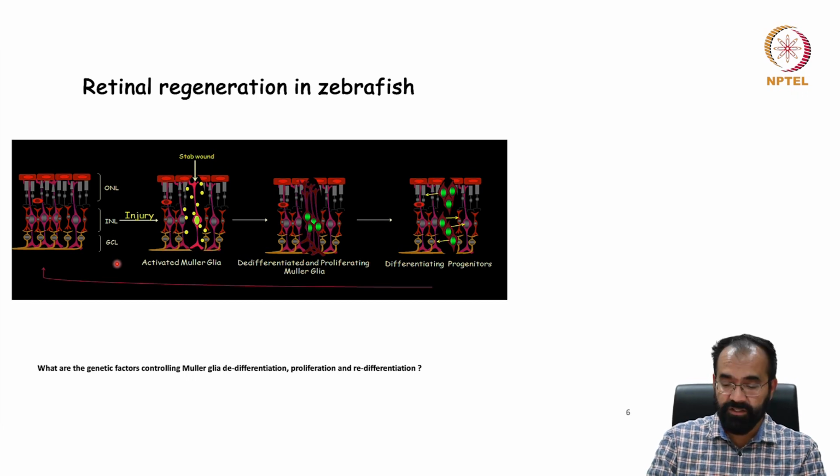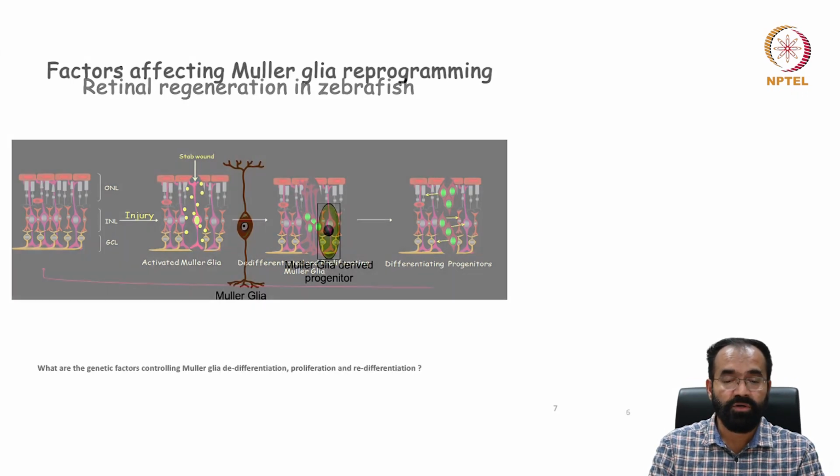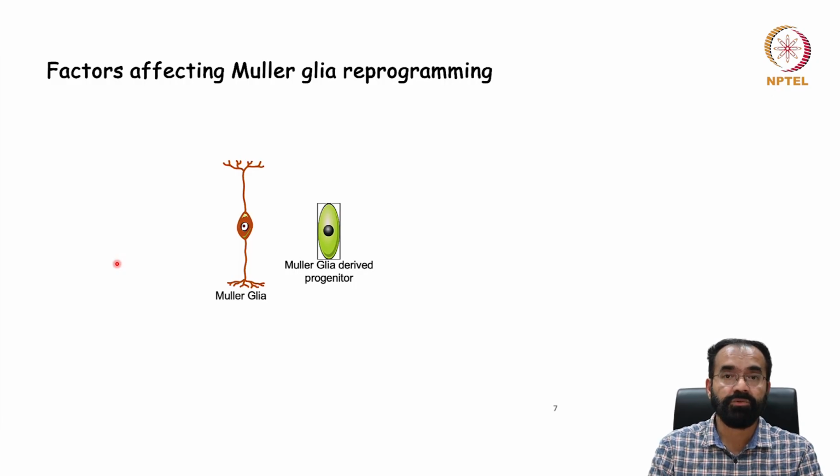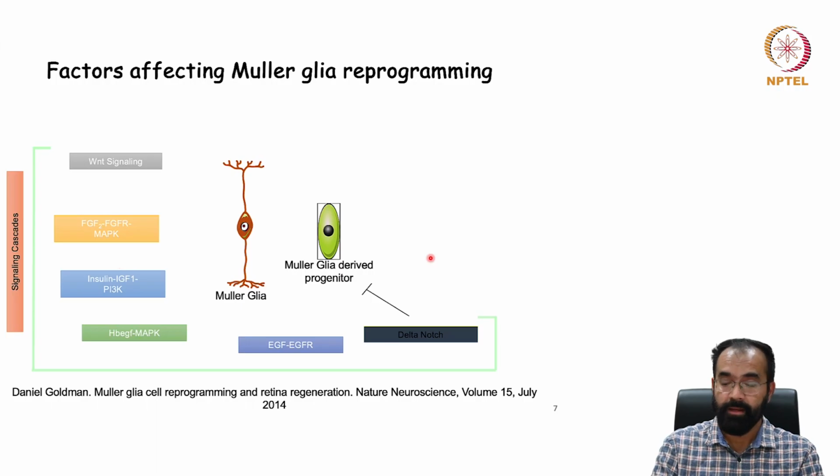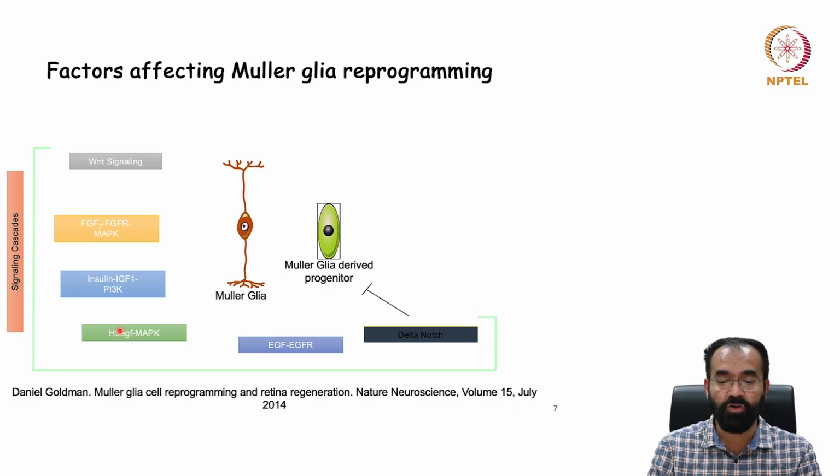So in other words, what you can see here, the Muller glia is capable of giving rise to Muller glia derived progenitor cells, as you can see here. But for this process, there have to be lots of signaling events such as Wnt signaling, FGF signaling, insulin IGF PI3K pathway, HB-EGF MAP kinase pathway, and EGFR pathway. These all contribute, but these are all stimulating the reprogramming event.